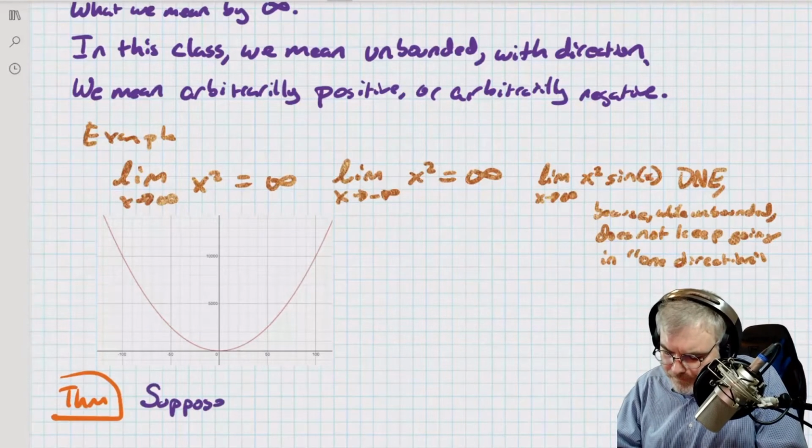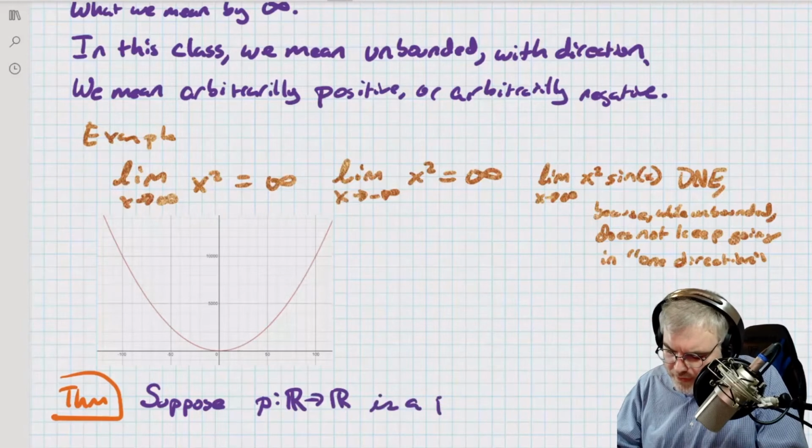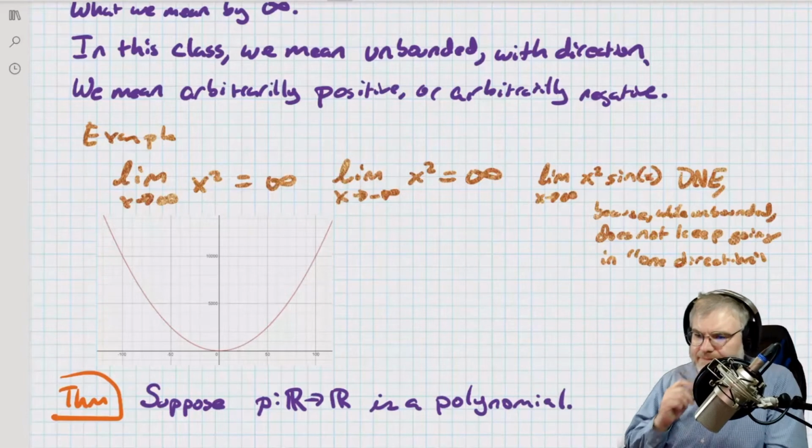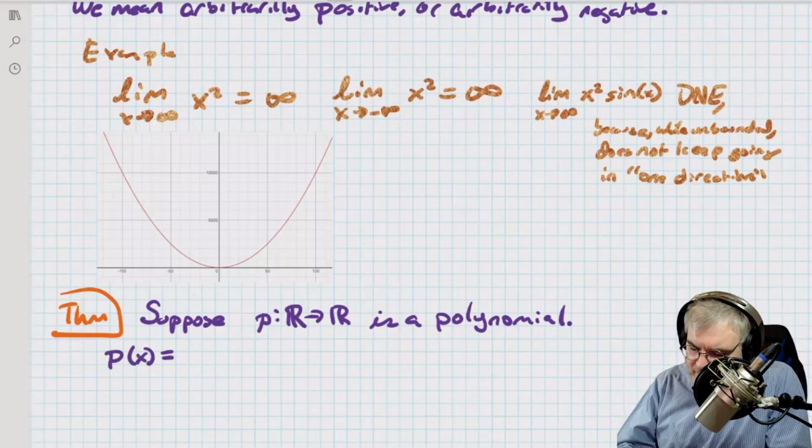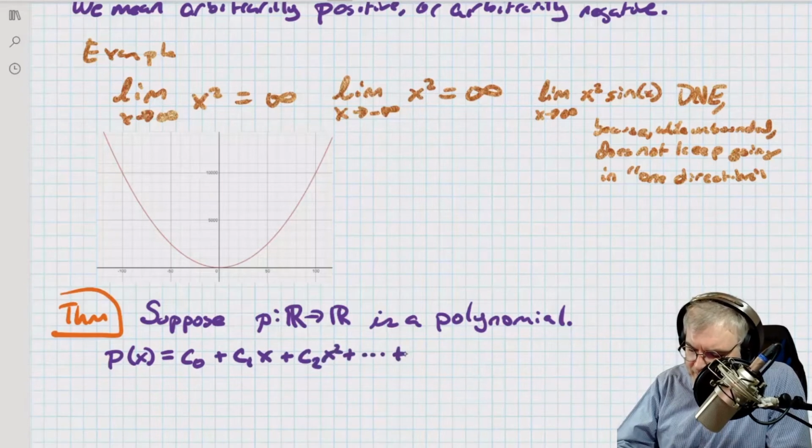Suppose P from R to R is a polynomial. In particular, P of x equals C0 plus C1x plus C2x squared plus ... plus Cn x to the n.